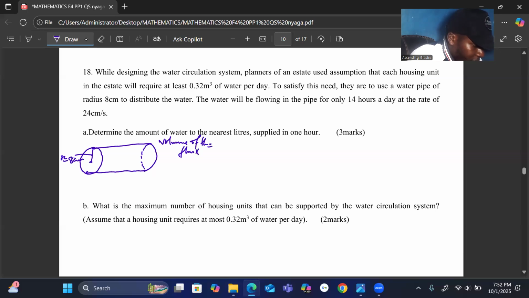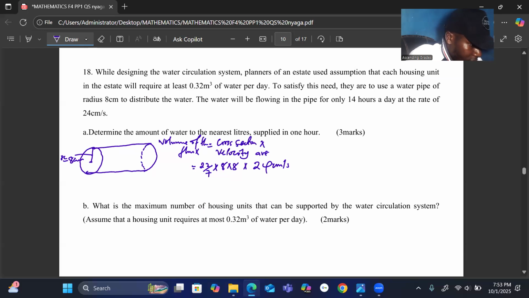This is given by cross section times velocity. So we shall have 22/7, the area of the circle, times radius 8 times 8, then times the velocity, which is 24 centimeters per second.